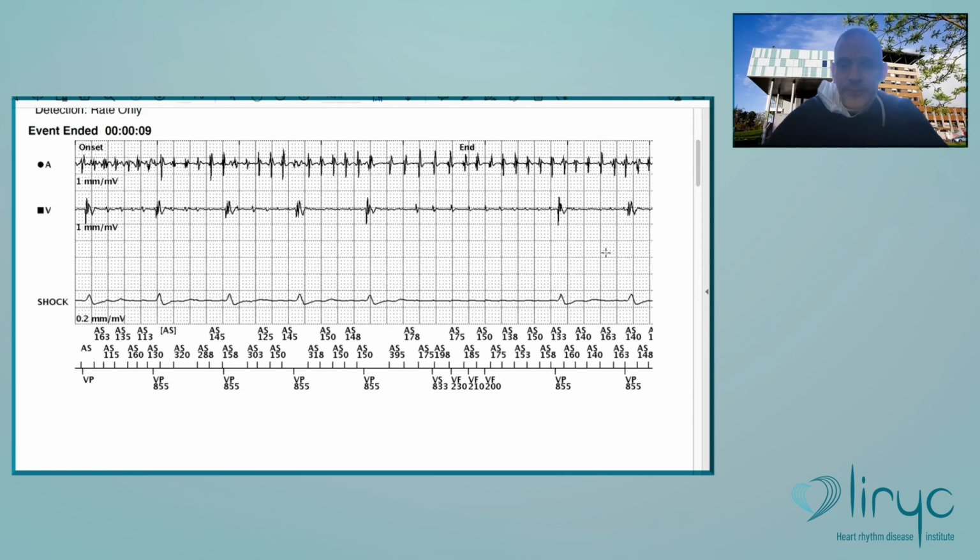So most of the time, when you analyze the symptoms of patients, if the patient says, I presented first with a syncope and then a shock was delivered, the first thing you will think is that it is probably an appropriate shock. Syncope is caused by ventricular fibrillation, and then the shock is delivered. What you see here is the only case where it's not exactly like that.